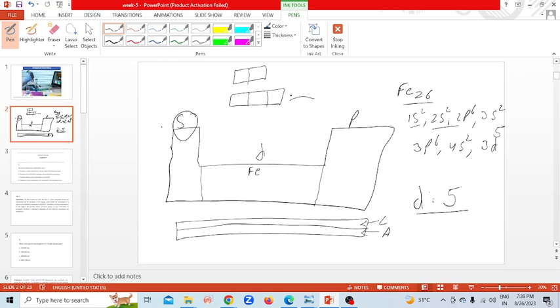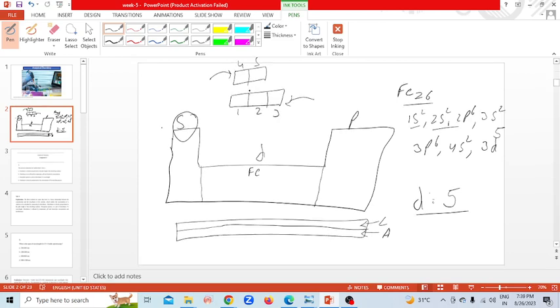It is a very deep concept, but to build a general concept in your mind, just keep in mind that there are 3 d orbitals which have less energy compared to these 2 orbitals. Suppose this is first, second, third, and these are the fourth and fifth. So first, second, third have lower energy compared to 4 and 5. What will happen? Suppose one electron is there.